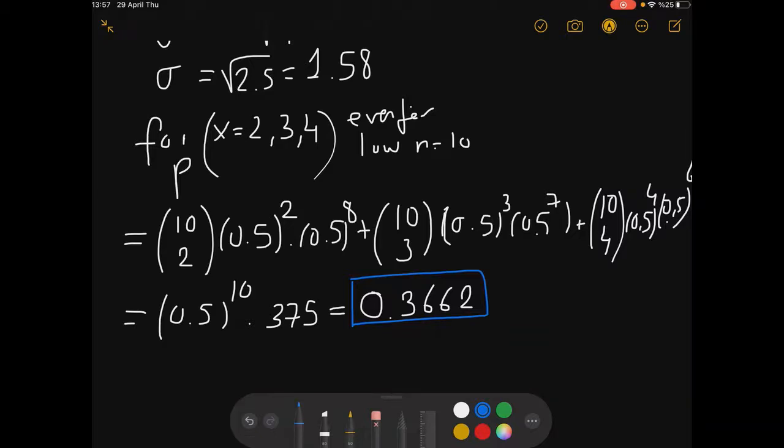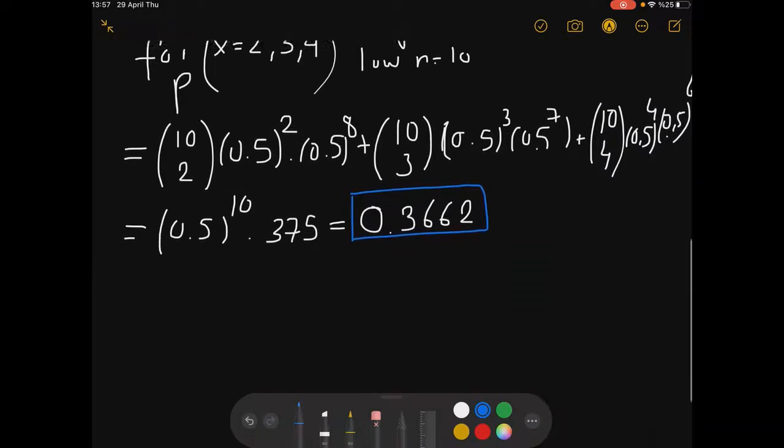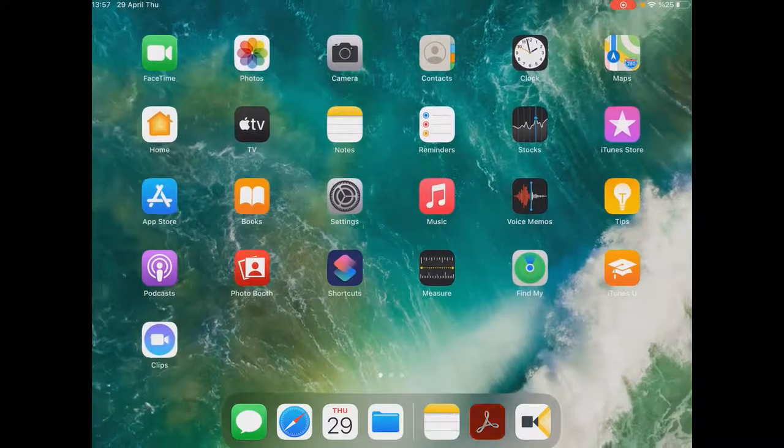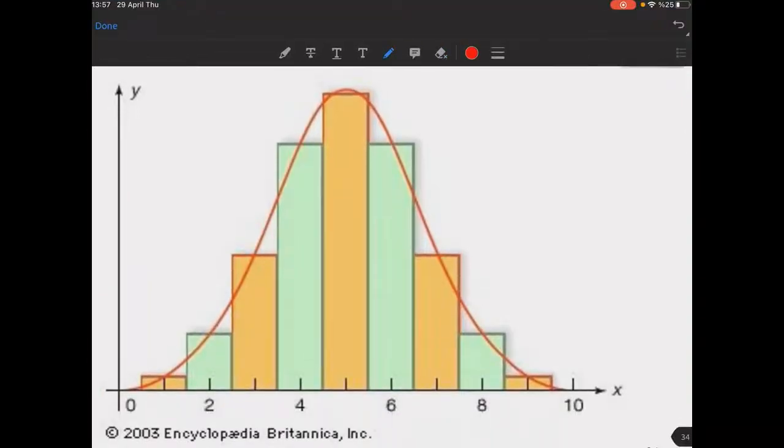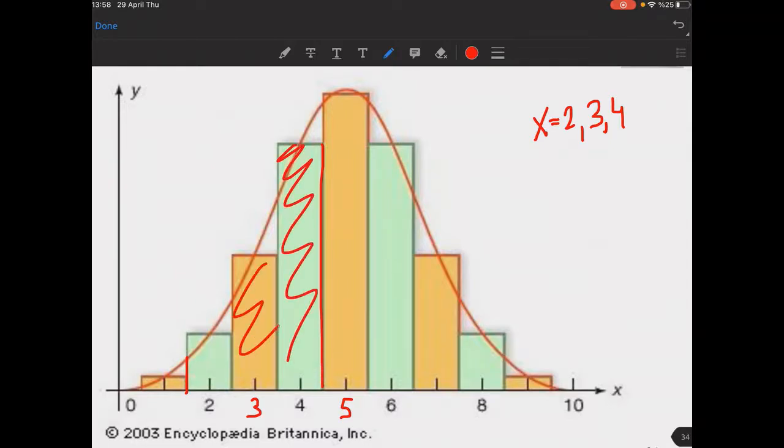All right. But if you want to make an approximation here, what can you do about it? You see that your 5 is right here, your 2 is right here, your 3 is right here. What is being asked of us is the probability of x equals this one. So this is the area that we're trying to calculate right here, right?